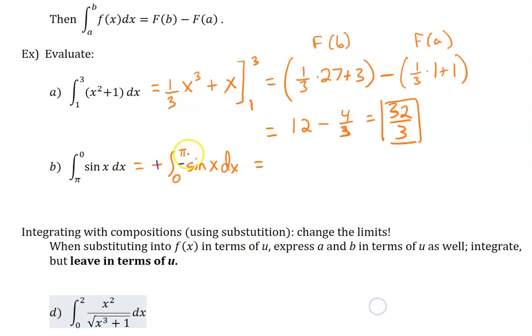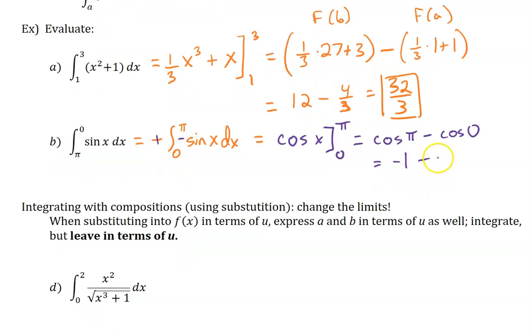So then we have the antiderivative of negative sine x, which is cosine x, and then that is evaluated from 0 to pi. Remember the lower number on the bottom, upper number on top, okay? And then equals, and now we plug those in. So it's going to be cosine of pi minus cosine of 0. Cosine of pi is -1 minus cosine of 0 is +1, so that's a -2.